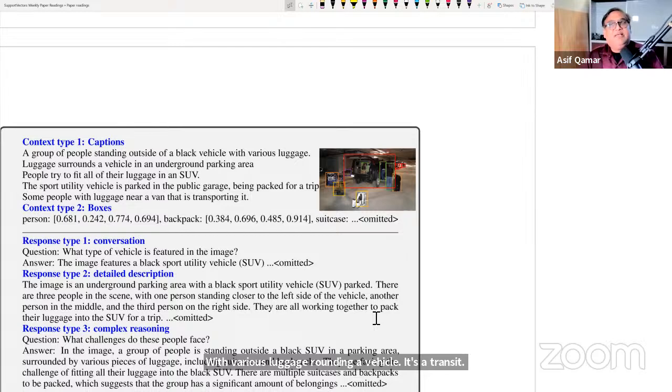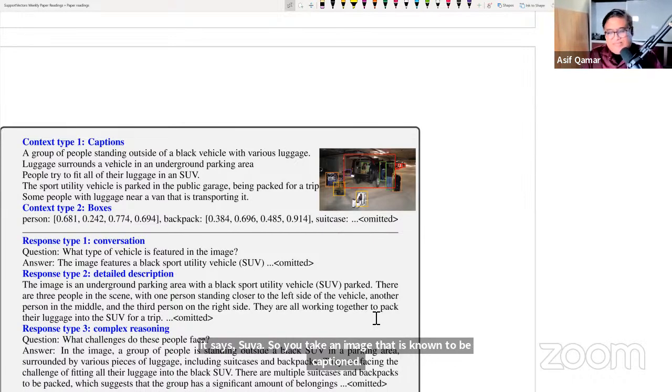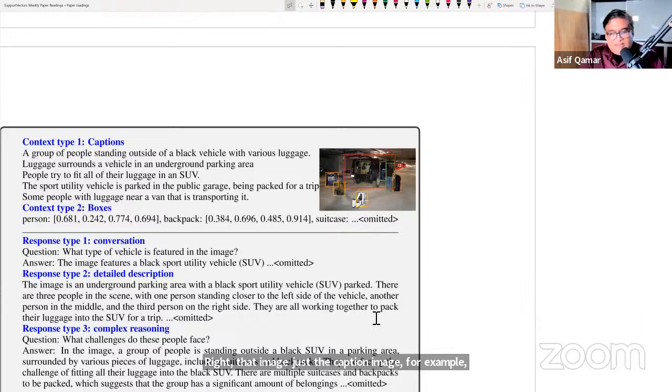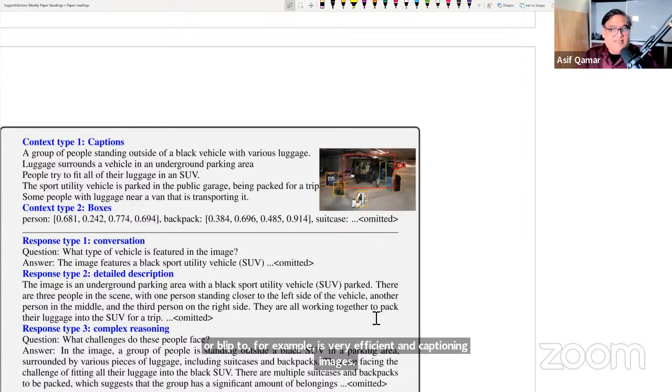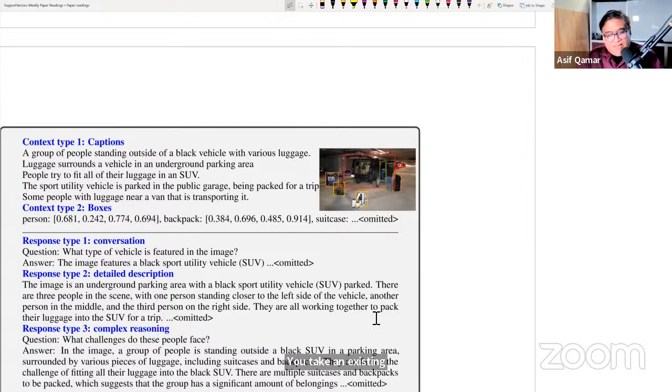So you take an image that is known to be captioned, right? The captioned image you could have gotten from the data set used to train CLIP, or BLIP-2, for example, which is very efficient at captioning images. You take an existing large multimodal model and have it generate a good caption for the image.